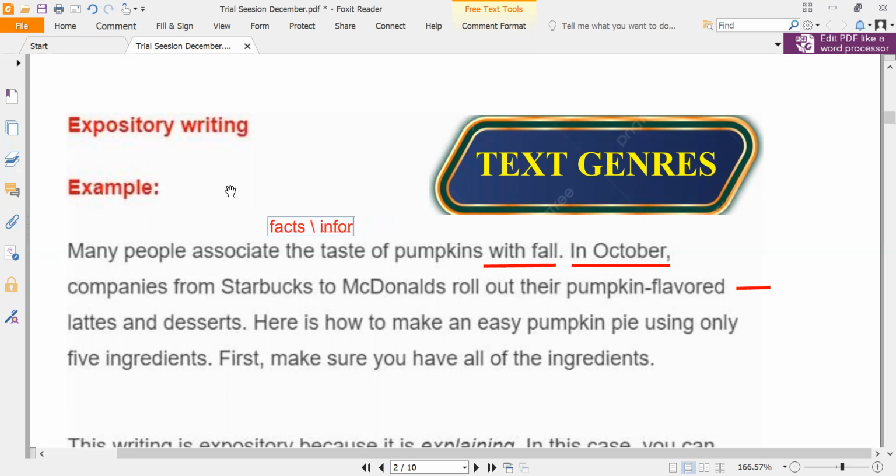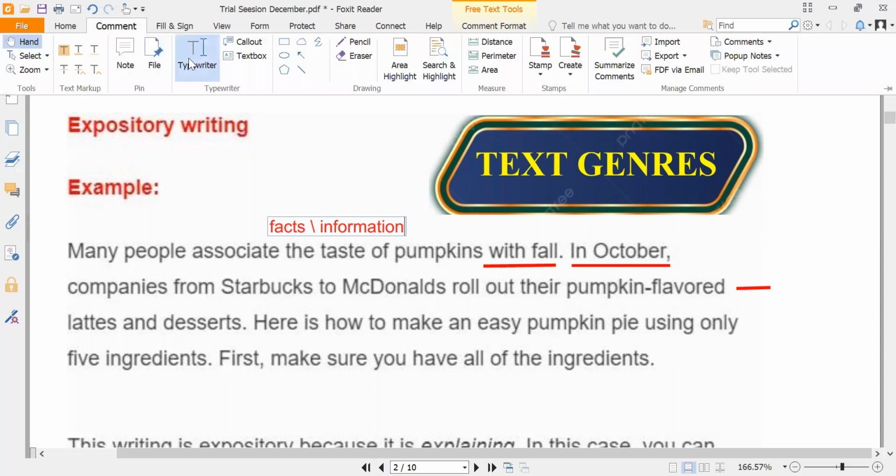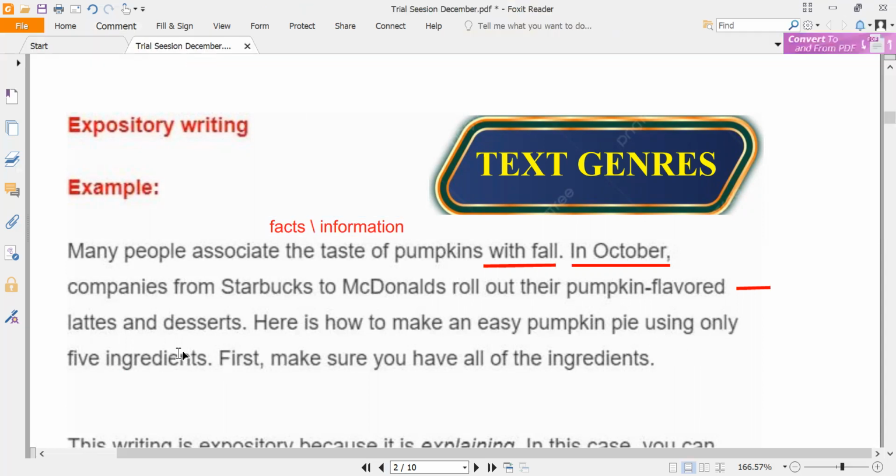You can judge that this text is a persuasive one when you find somebody's reasons, somebody's opinions. There is no opinion here. Here is how to make an easy pumpkin pie using only 5 ingredients. He is telling you some instructions, some rules about how to make an easy pumpkin pie.